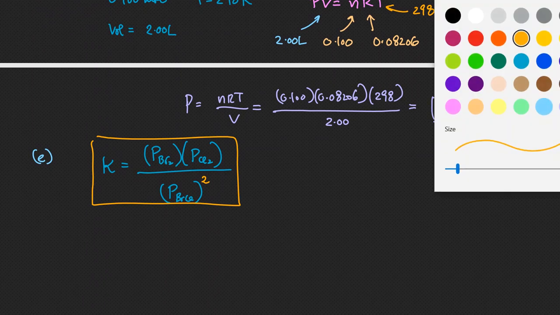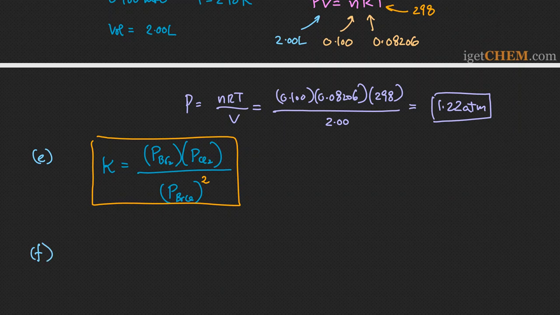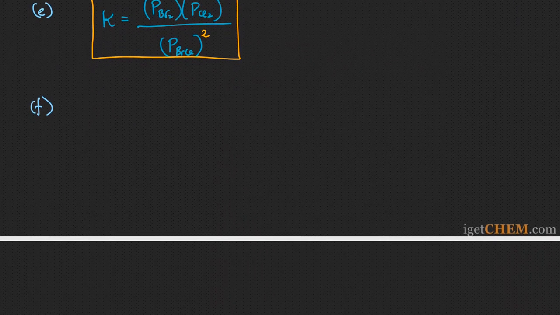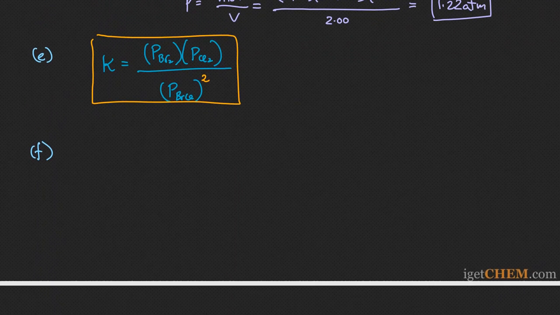And part F asks us to take the information that's given in the problem and calculate the value of this equilibrium constant. So the piece of data that we are given for this problem is that at equilibrium, 42% of the BrCl has decomposed.